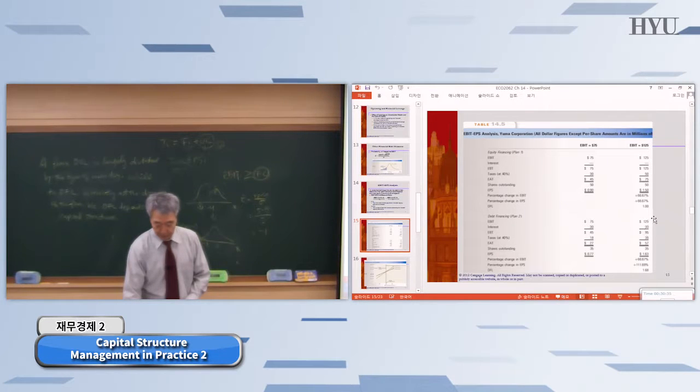If the economy is good, the thing is interest cost is fixed. Even though your sales went up by 67%, interest cost remains the same. Because of that, if you go through this process, your EPS goes up to $1.63, which is a whopping 111.69%, about a 112% increase in EPS.